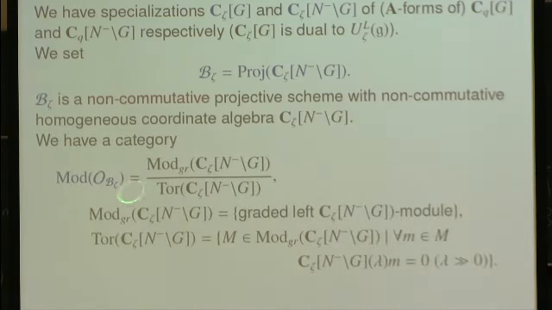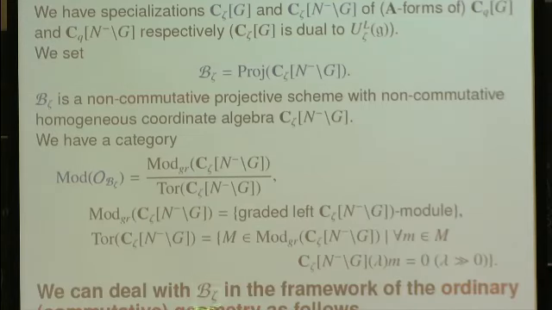So we can define a category, the category of quasi-coherent sheaves on this quantized flag manifold at zeta, in a similar way. I can define this category.